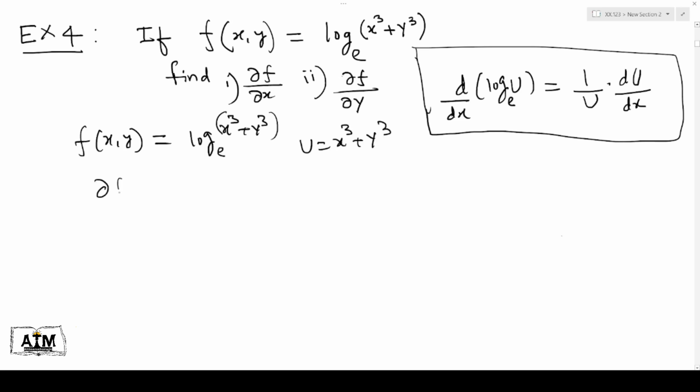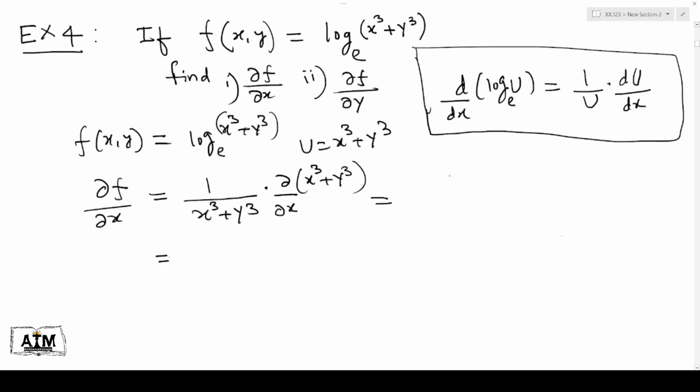Now the partial derivative of f with respect to x equals 1 upon u, that is 1 upon x cube plus y cube, multiplied by the partial derivative of x cube plus y cube with respect to x.